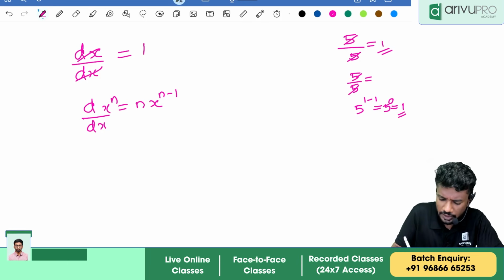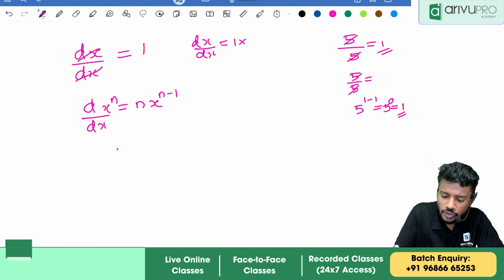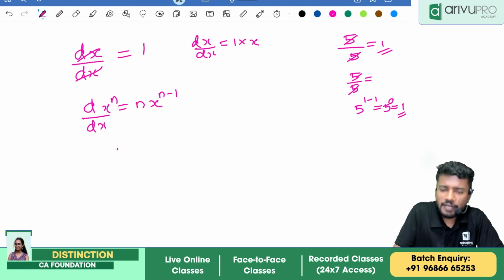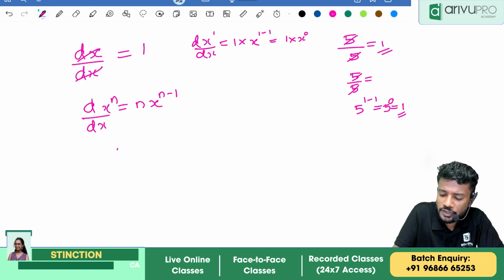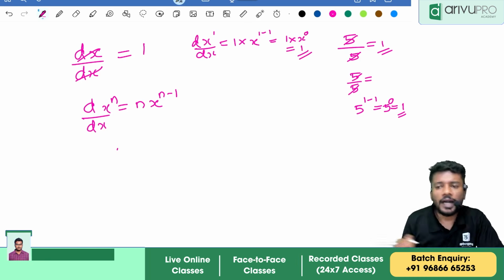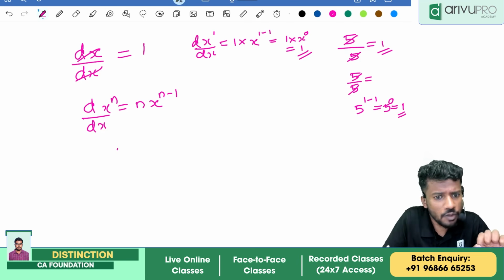Now, for dx by dx, it is written as 1 into x raised to, n value is how much here? Power is how much? 1 only. So 1 minus 1. That is nothing but 1 into x raised to 0, which is equal to 1. So similarly, d by dx of x raised to n is how much? n x raised to n minus 1.